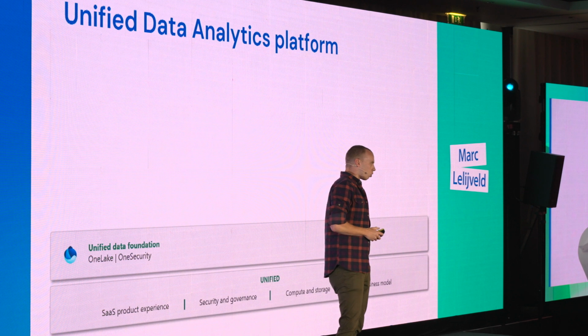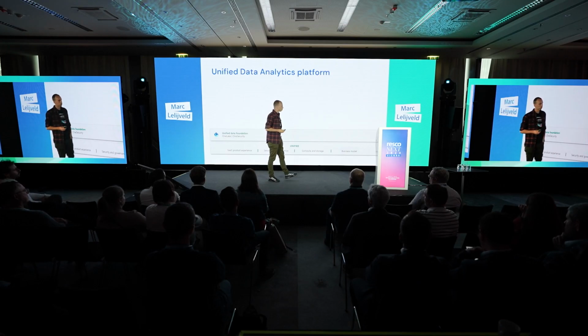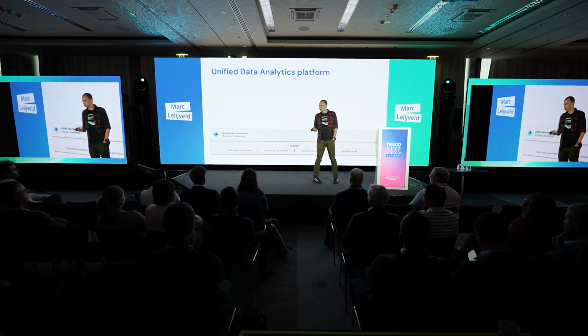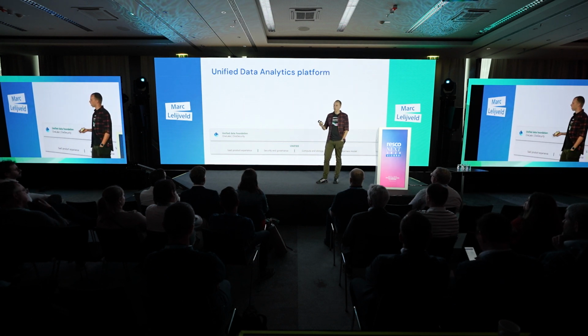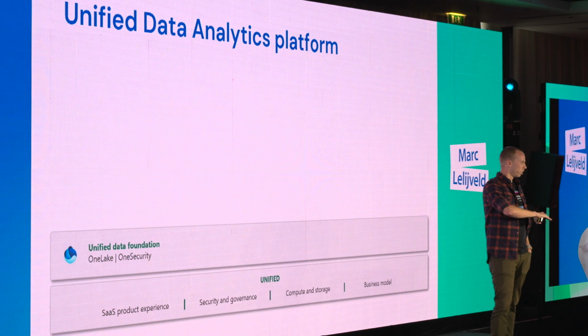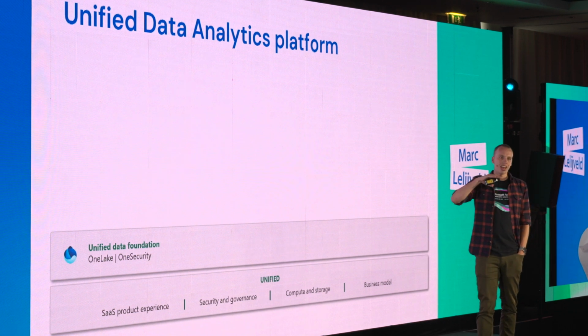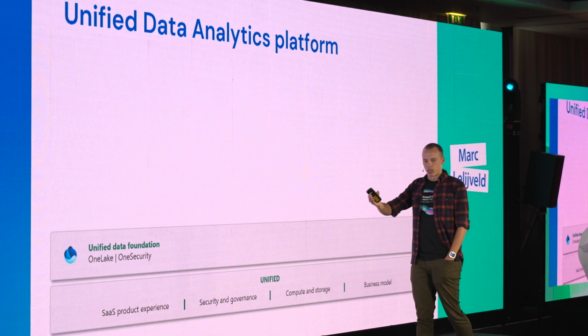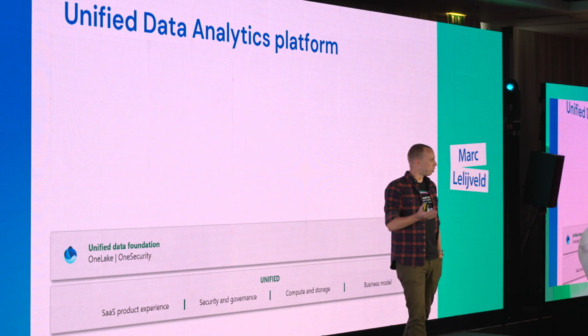Then we have something called One Security. One Security is not there yet. It is one of the big bets and one of the big promises for Microsoft Fabric, where they say we put the security on data level. So we're securing the data directly on the data level, and we don't care where you consume it, which is completely different than what we're used to doing in the past years.